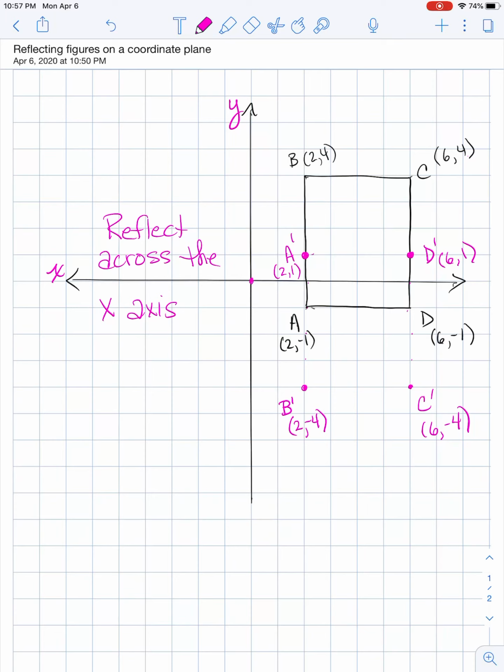And so now you see when we connect our points, there's going to actually be an overlap. Okay, so take a look at it. Remember, if you want to avoid confusion, we just have to focus on reflecting one point at a time.